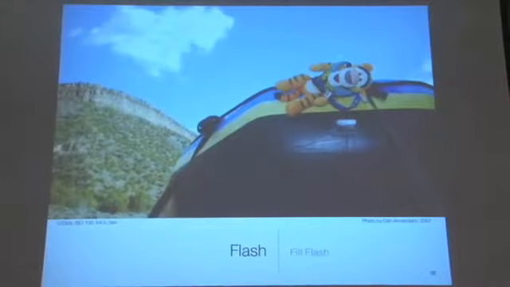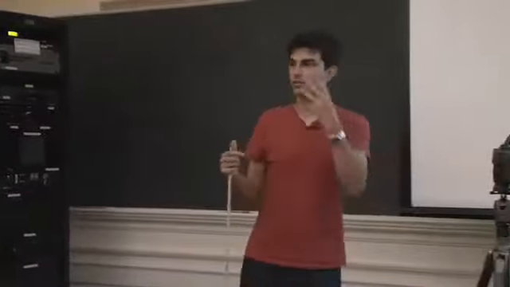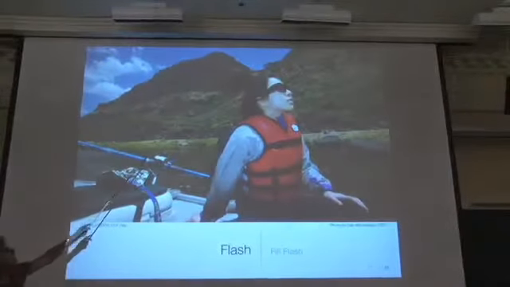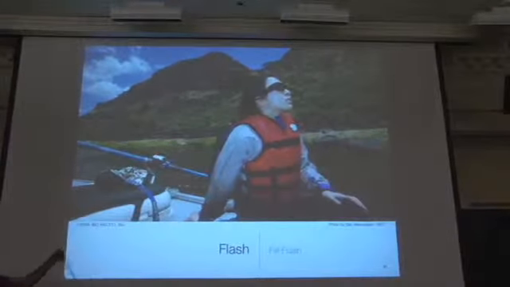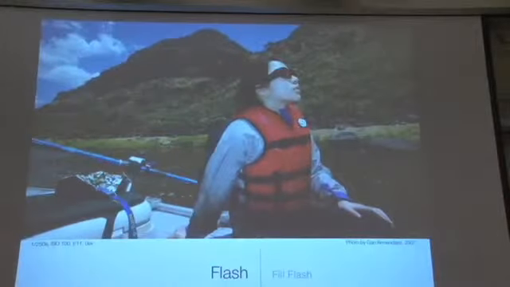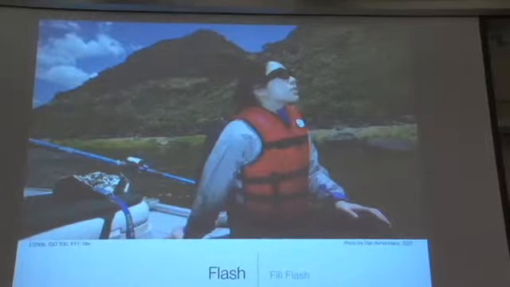But using fill flash is really vital and really important to be able to get properly exposed photographs in the midday when there's very harsh lighting and there's going to be very harsh shadows. So in this particular case, the sun, as you can see, was providing some very harsh light, but by adding some fill flash, you can remove a lot of those harsh shadows on a subject's face and make it a lot more even, so that you can get much more evenly lit photographs.